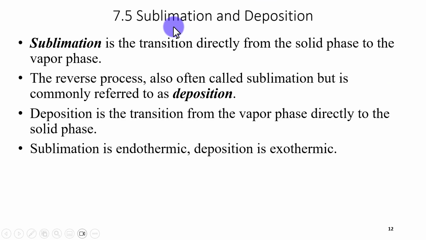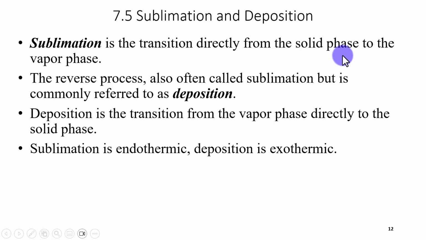Lastly, the last phase changes we're going to talk about are sublimation and deposition. These also are related. They're opposite. They go in opposite directions. Sublimation is the transition directly from solid phase to vapor phase without first becoming liquid.